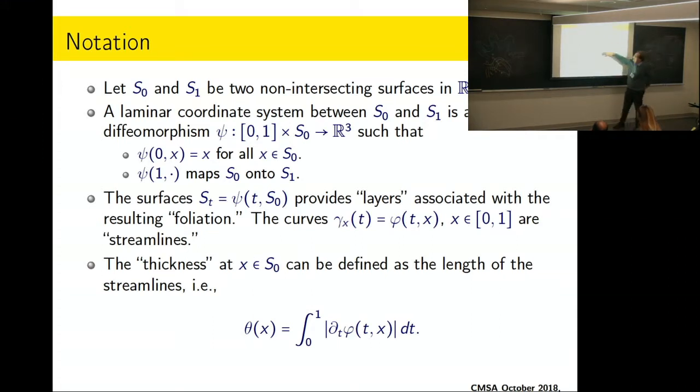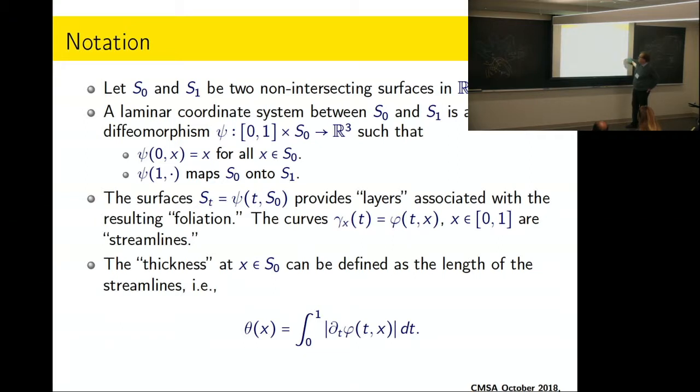Such that, okay, we start from S0 and at t equals 0, we just have the identity. And at the end, I want at time t equals 1 to fall onto S1. The other constraint is, did I write it? I haven't written it here.